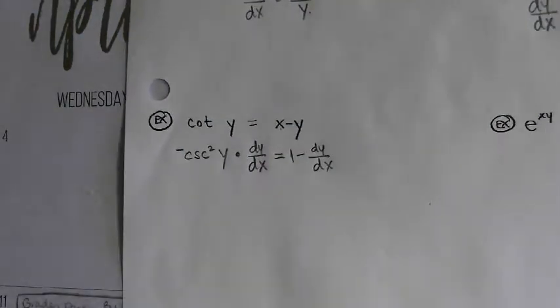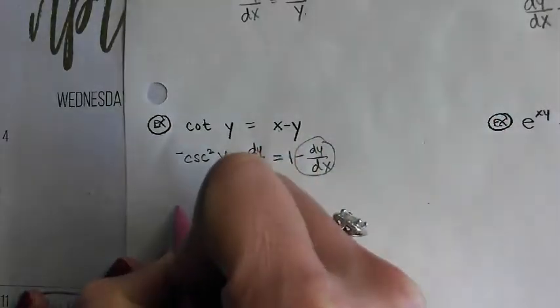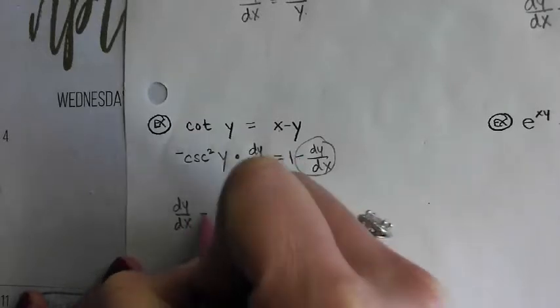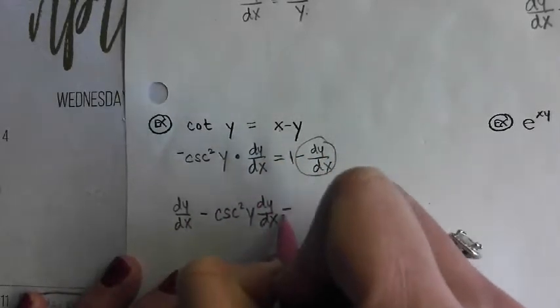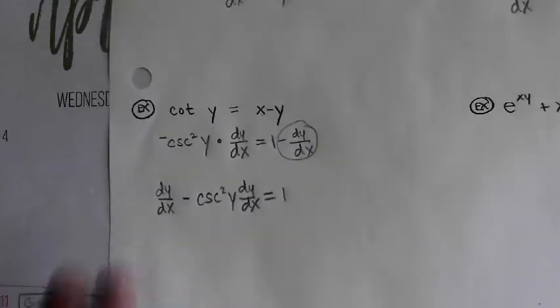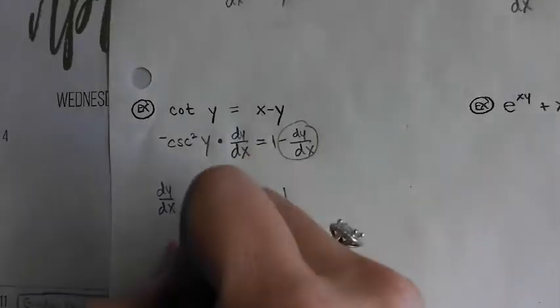Again, we've got to solve for dy dx, so we have to get those all together. So I'm going to add this guy over, so it'll be dy dx minus the cosecant squared y dy dx that's already over there equals 1. So I added that dy dx over and I put it out in front. Again, factor out the dy dx.